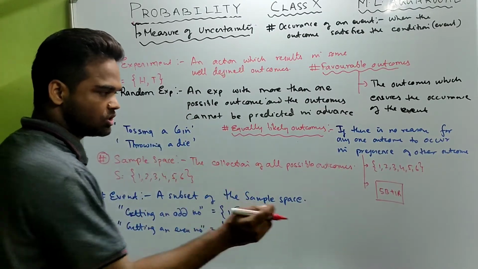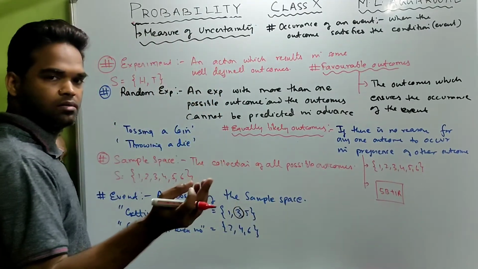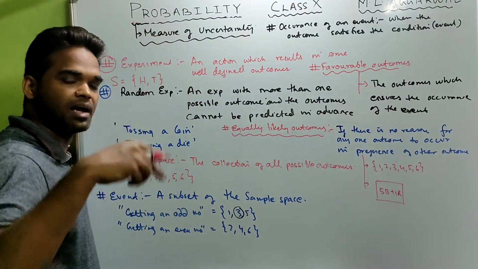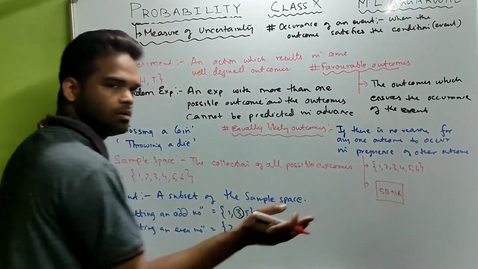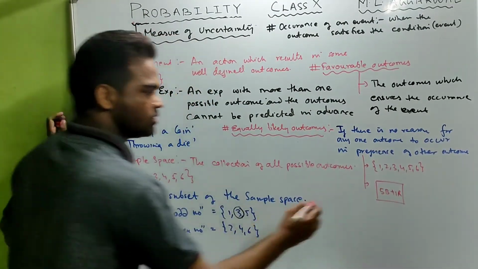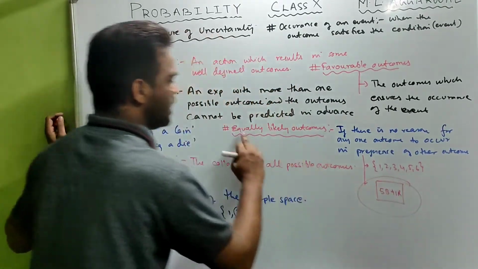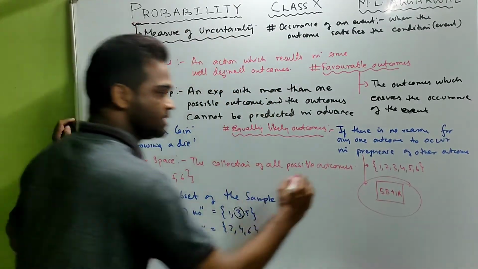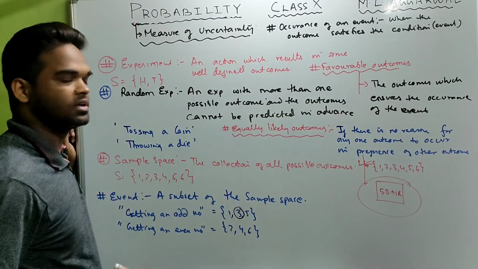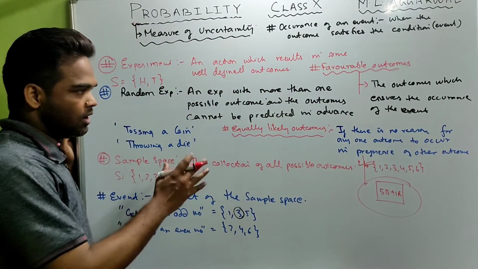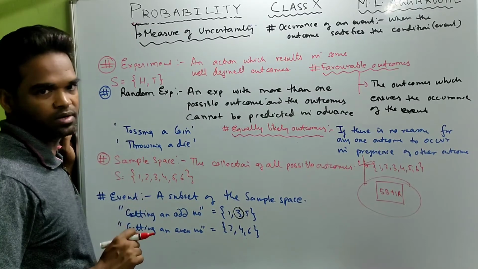Then the chances of a blue ball coming out of the bag is more as compared to the red ball, because the number of red balls is less as compared to the blue balls. So this is not an equally likely outcome, but the die is equally likely outcomes. Right? These points are very important.